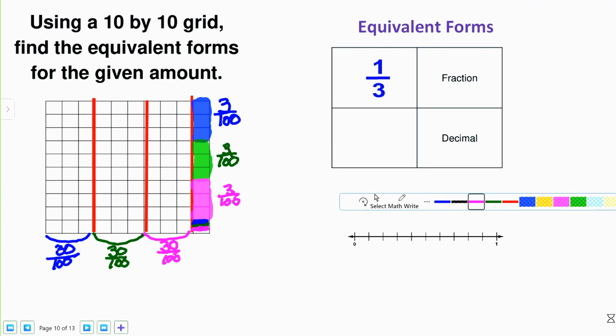Well, it's actually 3/10 out of 100. So I'm going to represent that just for the pink one because I'm running out of space. And that's what this would look like. Or you could say that it is 3 out of 1,000. Those two are equivalent.